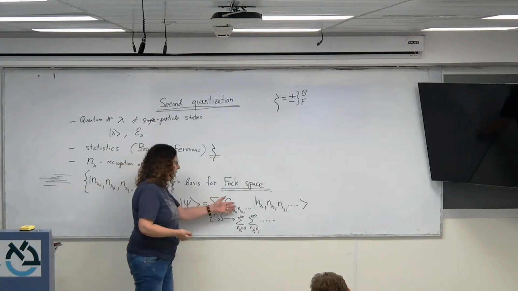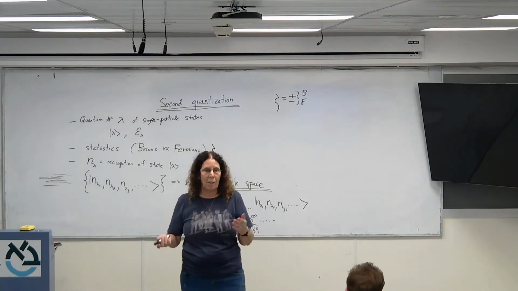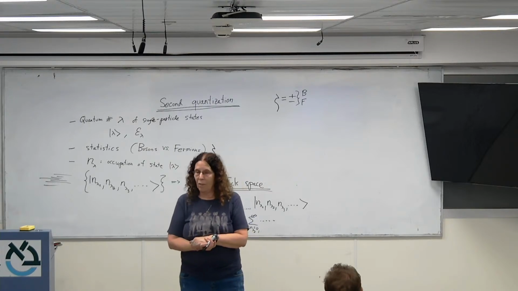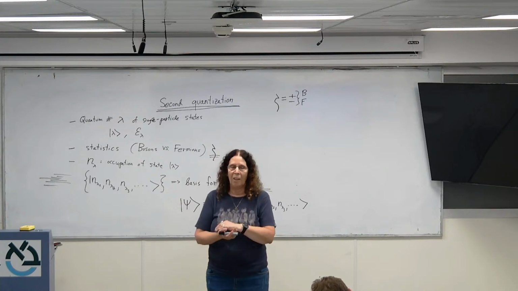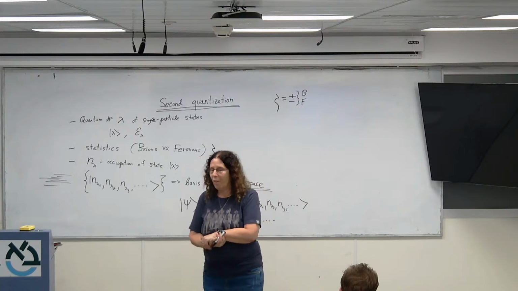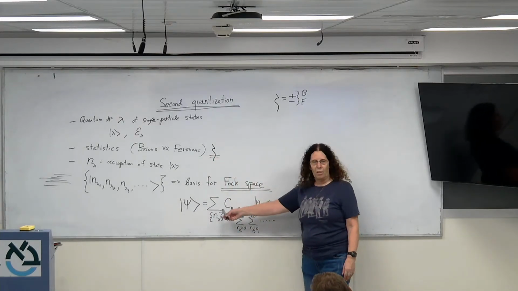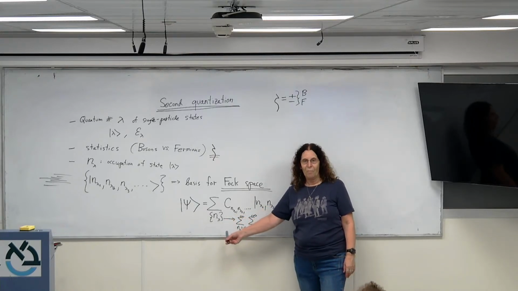And I can have states that are linear combinations of a state with 0 particles and a state with, I don't know, one state occupied by 100 particles and all the rest empty, or anything. So in general this doesn't have a well-defined number of particles, right?